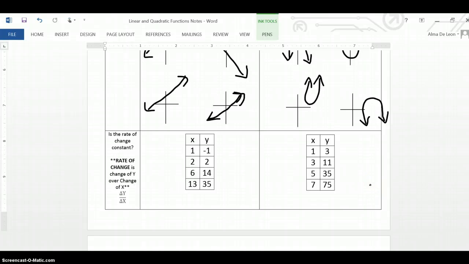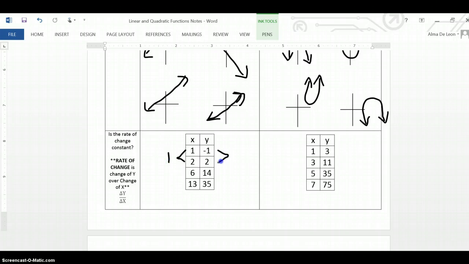The rate of change, which we talked about a little bit, is the change of y over the change in x. It is very easy to find, and it is the easiest way to tell whether a function is quadratic or linear, if you're just given points. So the change between 1 and 2 is 1.